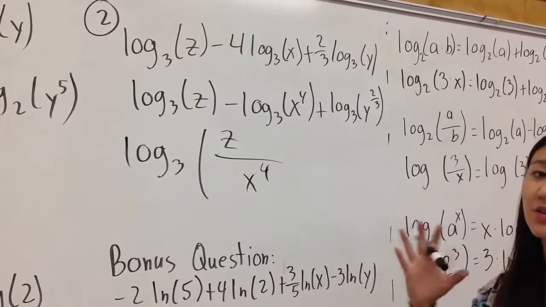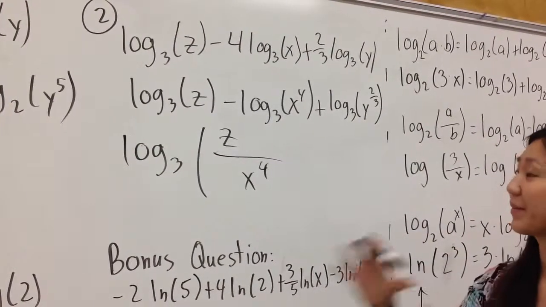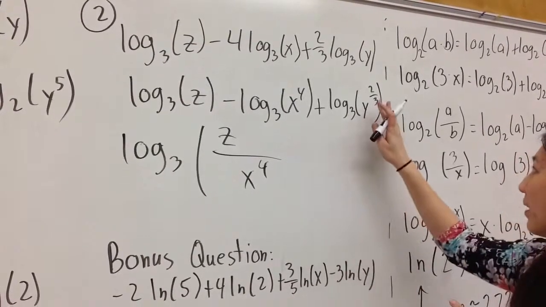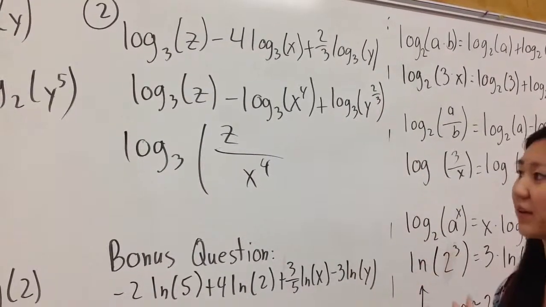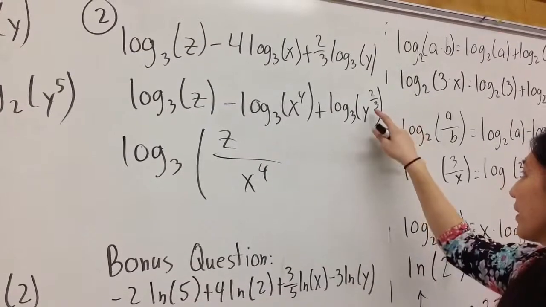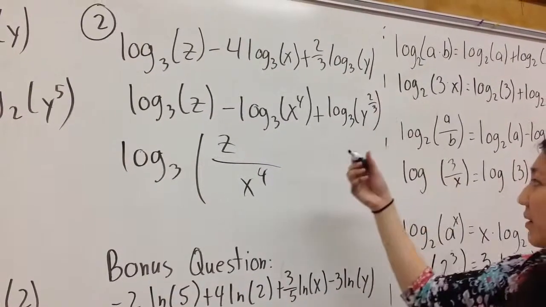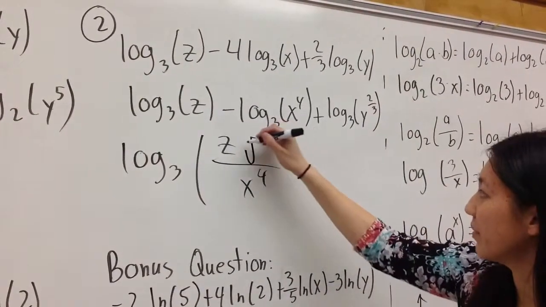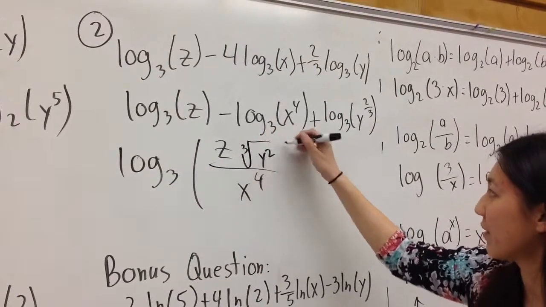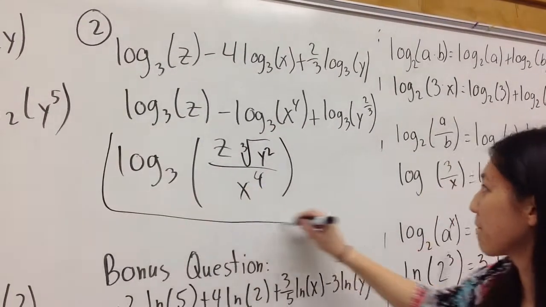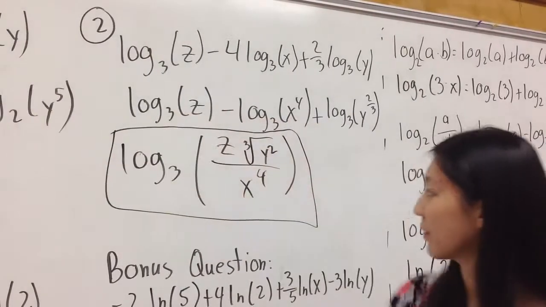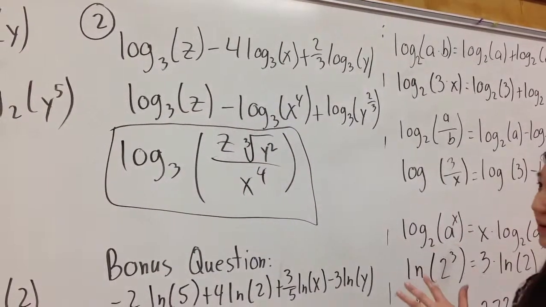I'm going to turn it into the root because in my expanding video I talked about how a fraction exponent is just like a root. So we're taking the cube root of y squared here. All right, so that's our second one.